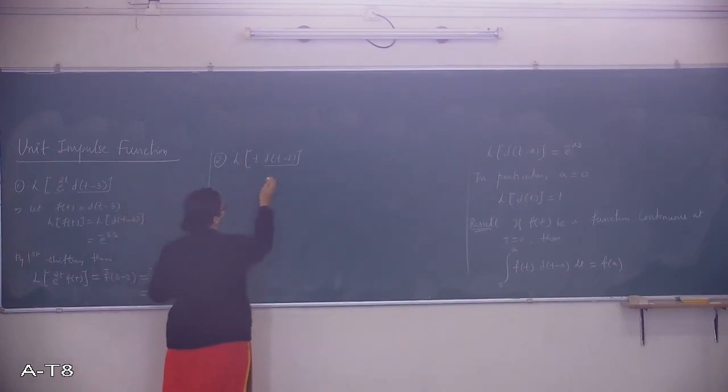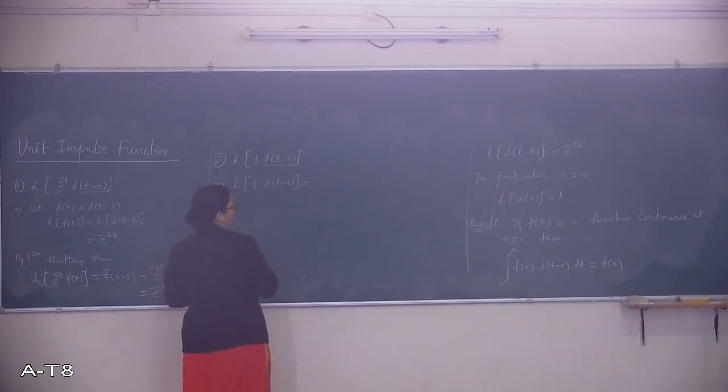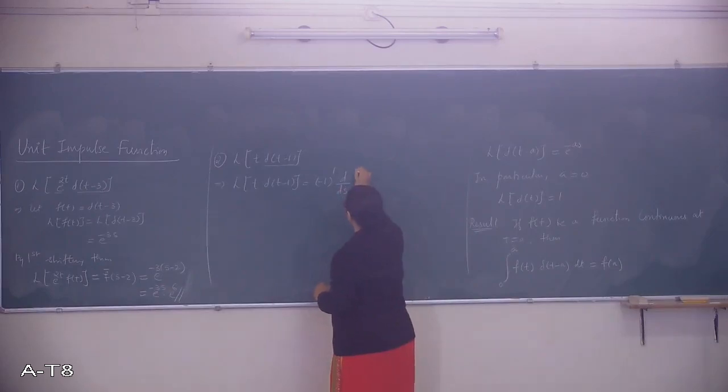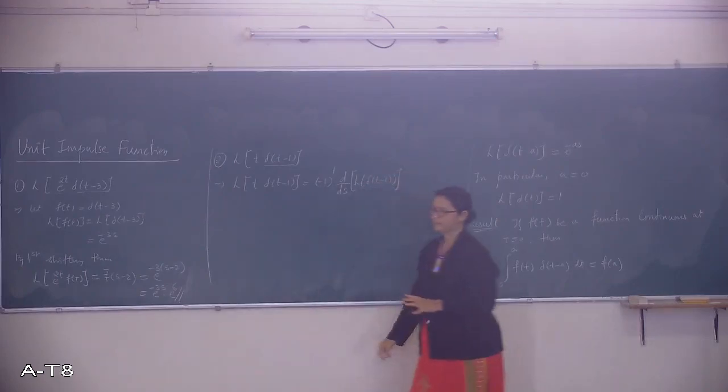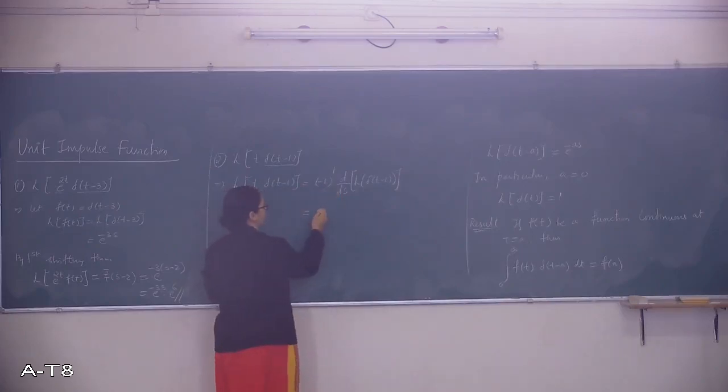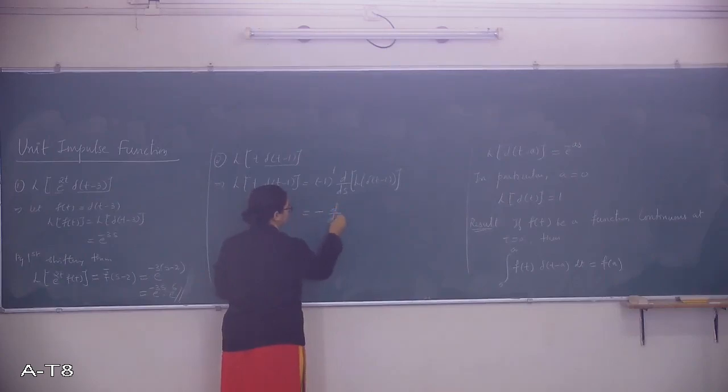So let's just start. Laplace transform of t into delta of t minus 1 will be defined as minus 1 raised to 1 into d by ds of the Laplace transform of delta of t minus 1, correct? So it is equal to minus 1 raised to 1, that is minus d by ds.